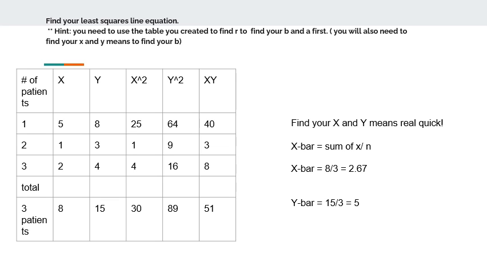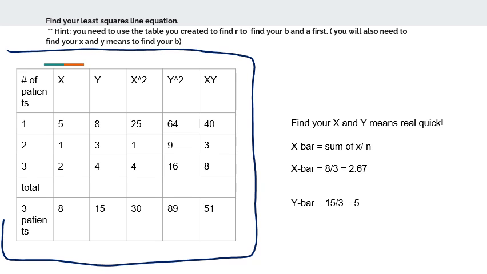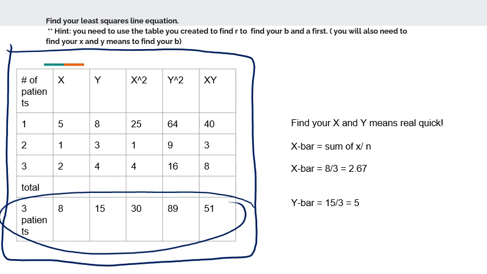Next, we're going to find our least squares line equation. Go ahead and use the exact same chart, or the same table that we already made, because we're going to use these numbers all over again. Another thing we're going to require for this part of the problem is the means for x and for y.